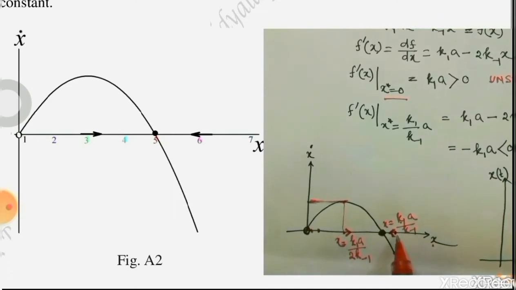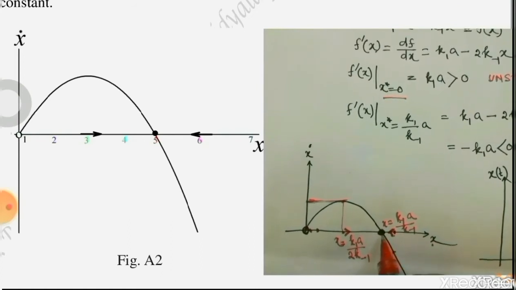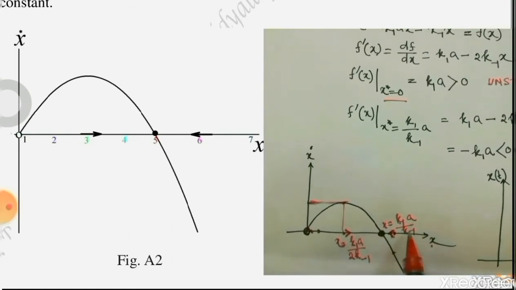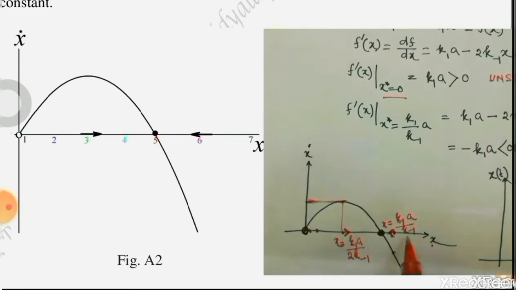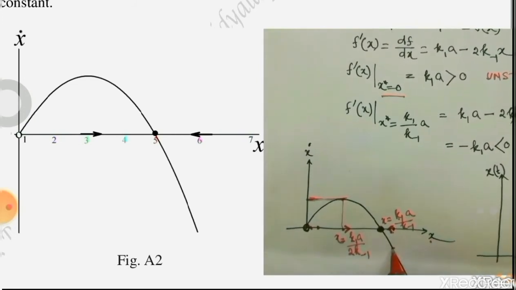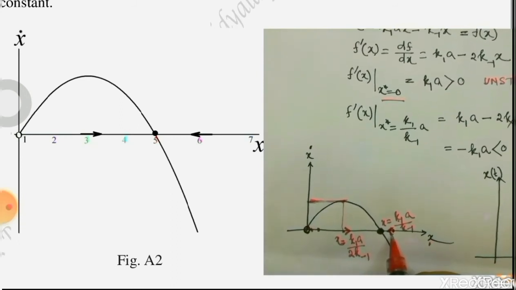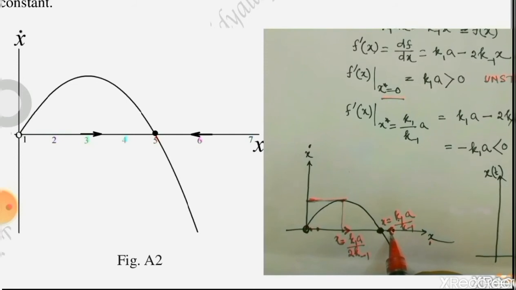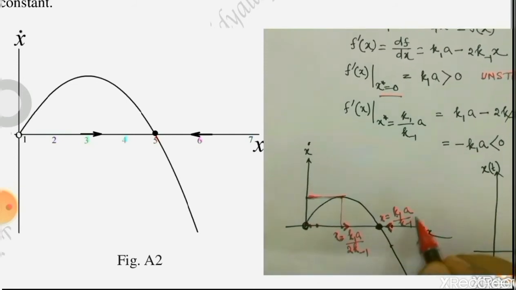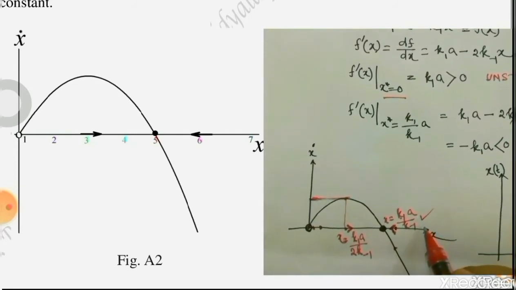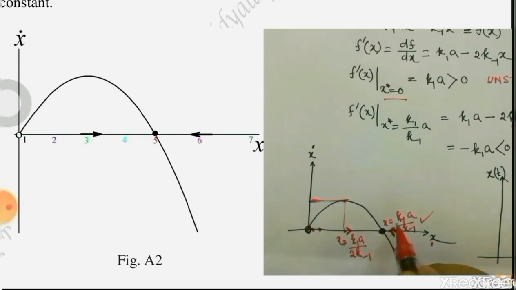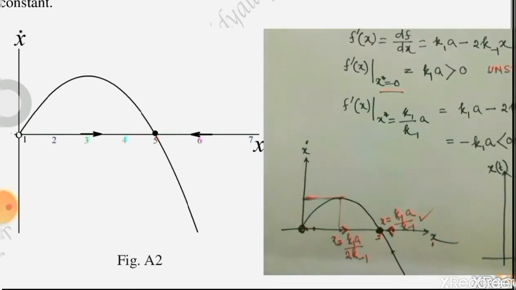Therefore, if we choose an initial condition greater than k1a by k minus 1, then as x dot has a negative value, the concentration of x will decrease with time, and finally it will settle to a value of k1a by k minus 1. That is why x equal to k1a by k minus 1, that is this point, is a stable fixed point.